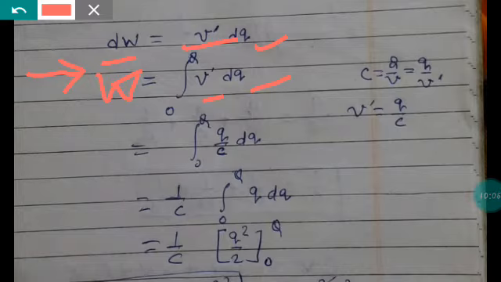So using the basic formula of capacitance, we have C is equal to Q by V. Since the charge on one plate is not capital Q, it is a small q, therefore we will take here a small q, and the potential difference is not V, it is V dash. From this formula we can find V dash is equal to q by C, and this is put here. So V dash is equal to q by C into dq.